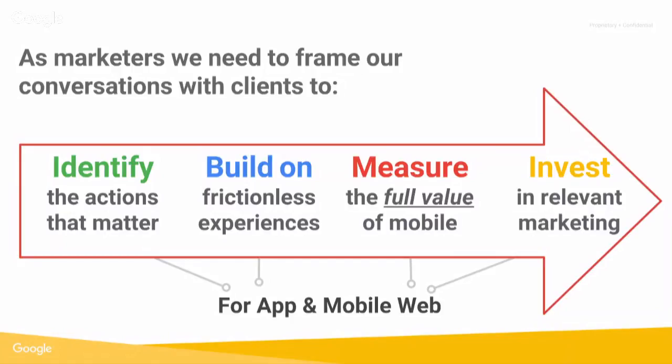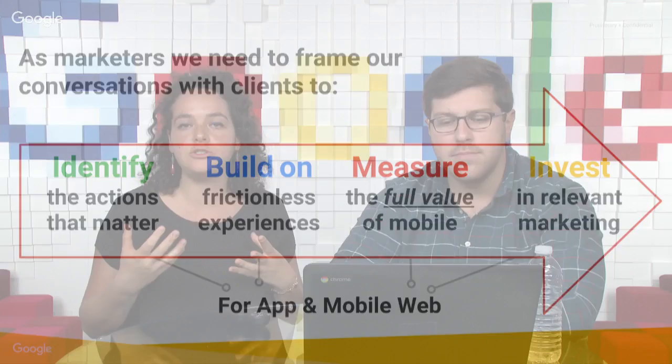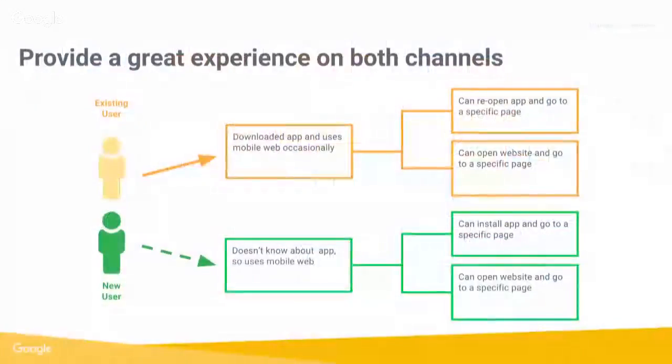It's important also to have a discussion around measurement to understand the full value of mobile. And fourth, understanding how to further invest in relevant marketing activities. These discussions are relevant for both app and mobile web. So the idea is to keep in mind that you want to provide your clients a great experience for their end users on both channels.